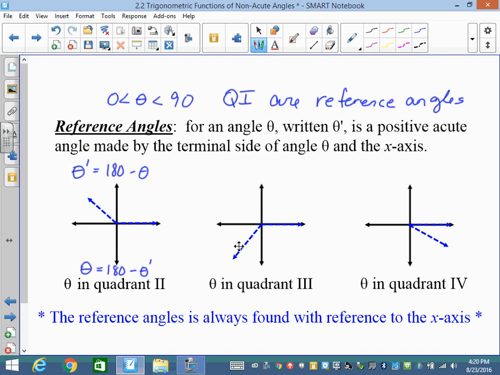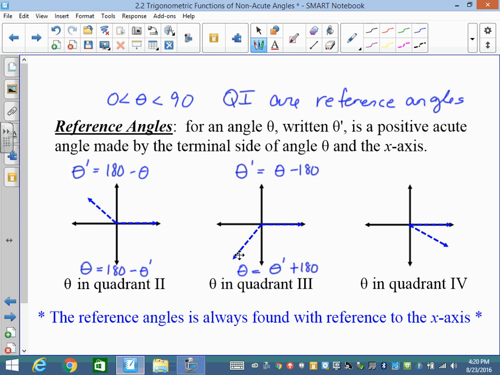Okay, quadrant 3. If you're in quadrant 3, then your reference angle would be theta minus 180. Again, you can find theta here by doing theta equals theta prime plus 180.